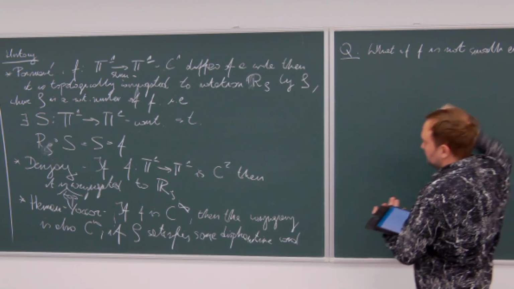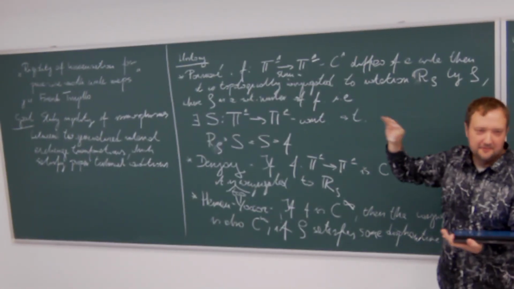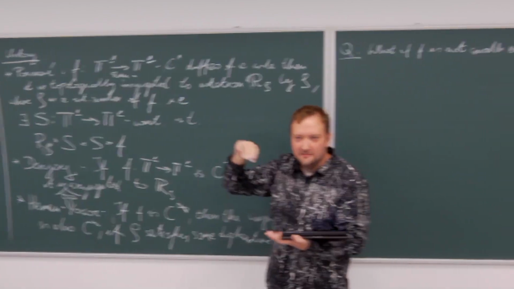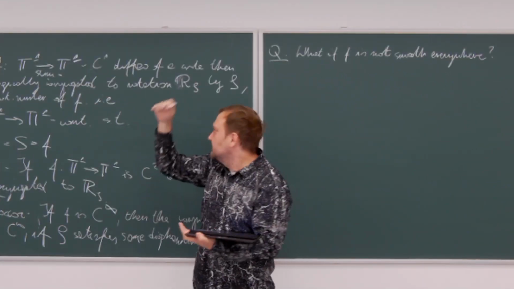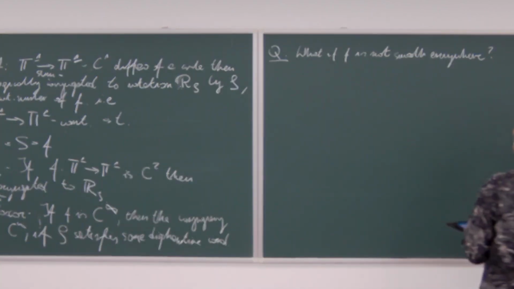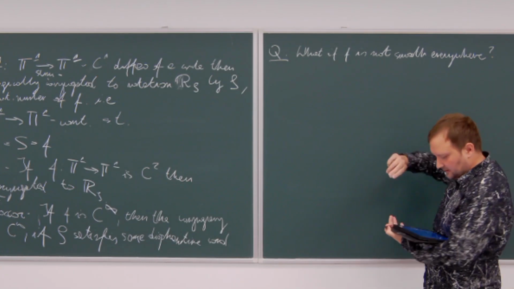Okay, so probably for me smooth means many things. It depends what is the regime. It can be C2, C3, C infinity. So if you don't like the word smooth, you can replace it with regular. Okay.